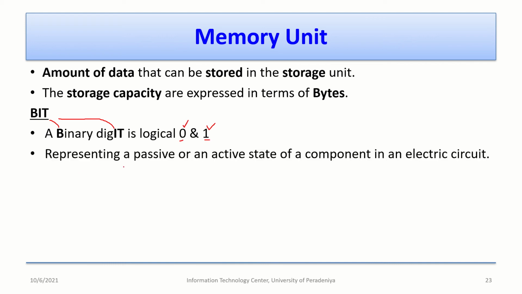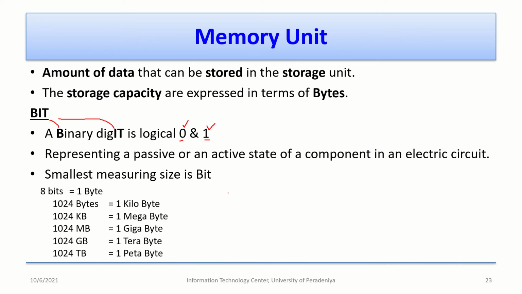Okay, it represents a passive or active state of a computer in an electric circuit, right? So these digits are represented using electrical voltage actually, right? Okay, so the smallest measuring size is bit. All right, in memory units, the smallest measuring size is bit. All right, so this is how we go, right?